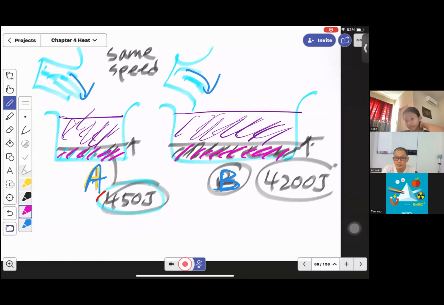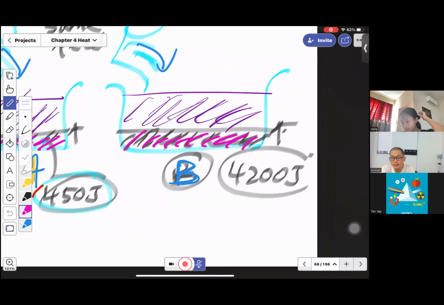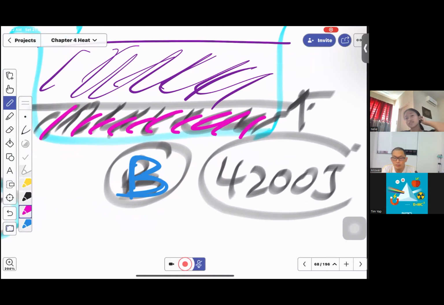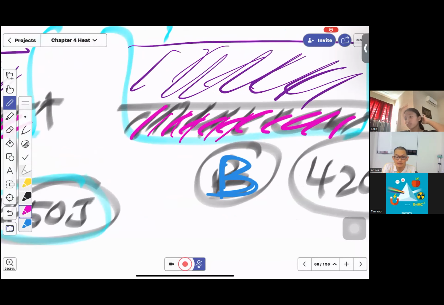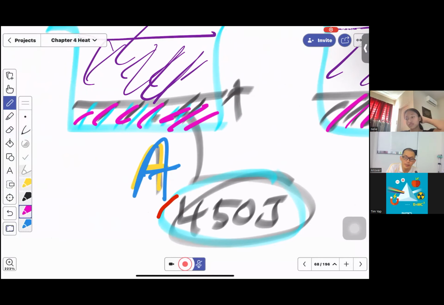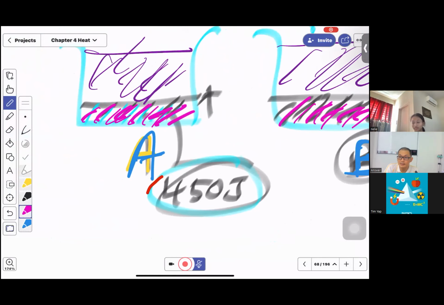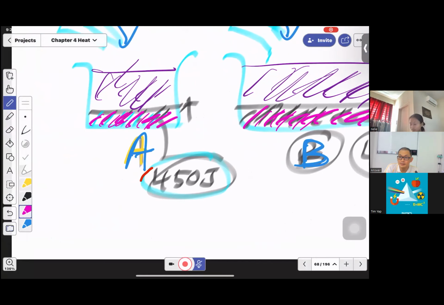So B can occupy more water before it rises up, and A occupies less water before it rises up. Something like that. Can you imagine that?